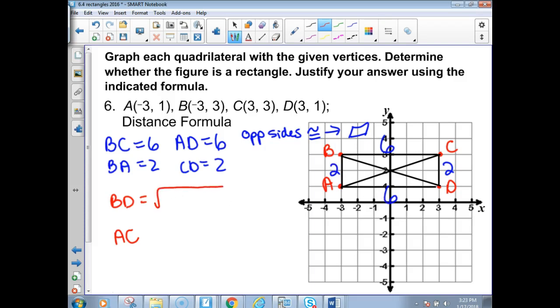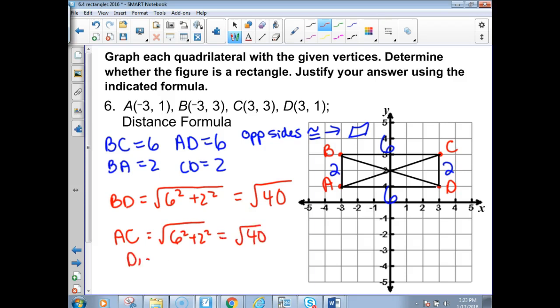The square root of 2 squared plus 6 squared, or 6 squared plus 2 squared. That's 36 plus 4, we get the square root of 40. And then we can do AC the same way, 6 and 2, square root of 6 squared plus 2 squared. We get the square root of 40. So the diagonals are congruent, therefore it's a rectangle.